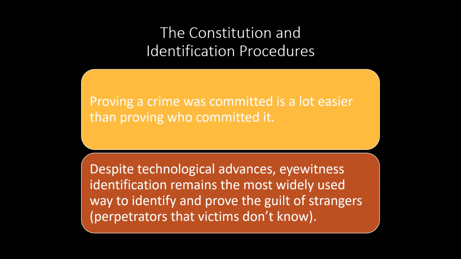And most of the time, eyewitness identification remains the way in which we prove the guilt of strangers when they commit crime. Now, I think very often in the criminal justice system, in fact in society at large, there is a deep distrust of the stranger or the other. And there's nothing wrong with that, because clearly strangers can be dangerous. But at the same time, if you look at things like domestic abuse situations, almost all the time you know who hits you, you know who beats you.